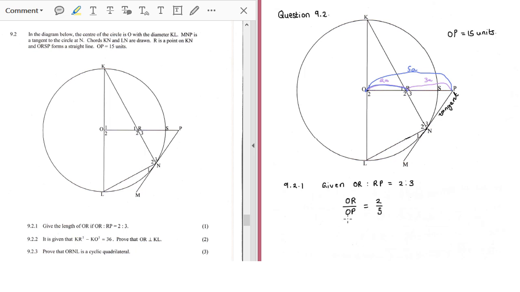Now we are given the actual length of OP, so we can calculate the length of OR. The length of OR is going to be 2/5 of OP. So 2/5 times 15 gives us 2 over 1 times 3, which is 6. So 6 units is the length of OR.